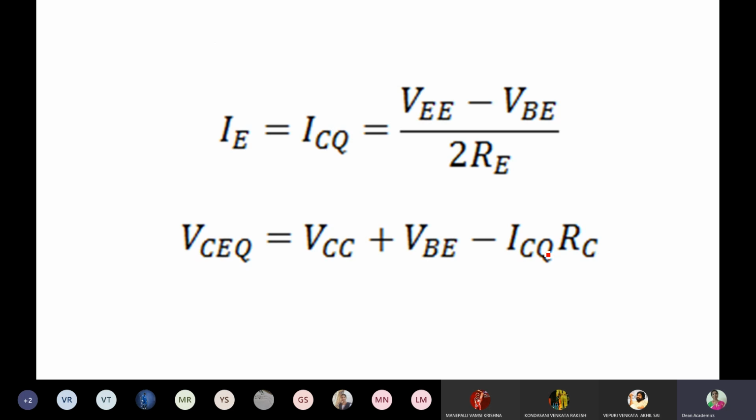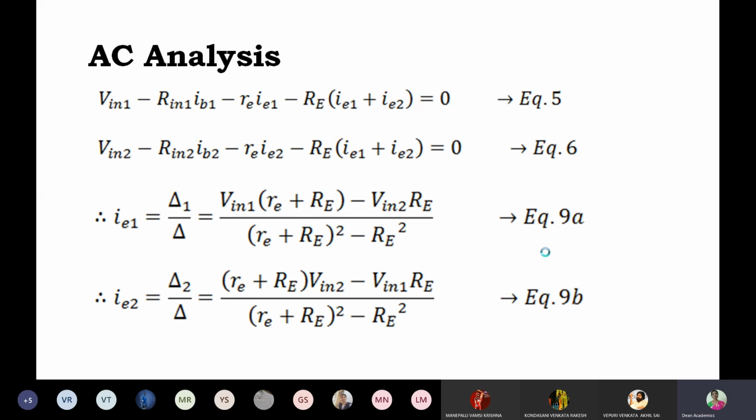And for this, we have carried out DC analysis. Have you derived these expressions, ma'am? IE, VCE, Q, which we have derived for dual input balanced output? Same expressions, same equivalent circuit. For the sake of practice, you please derive again, right?